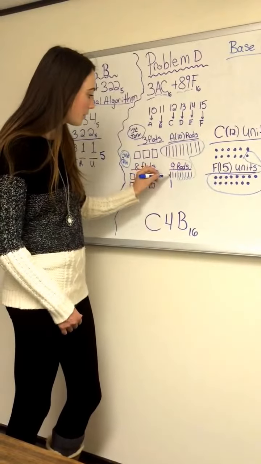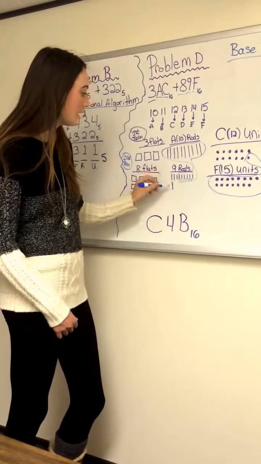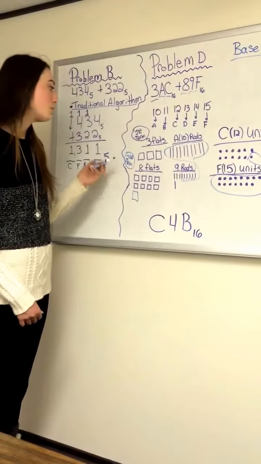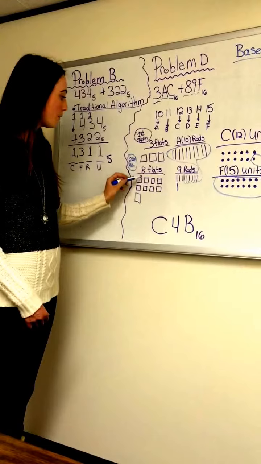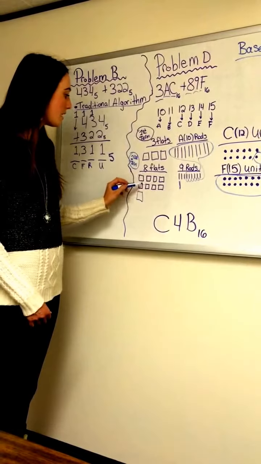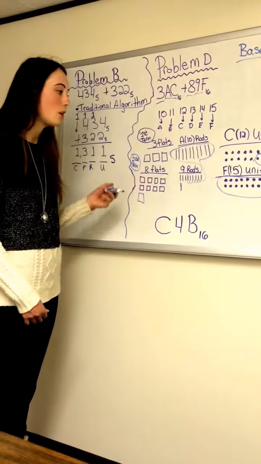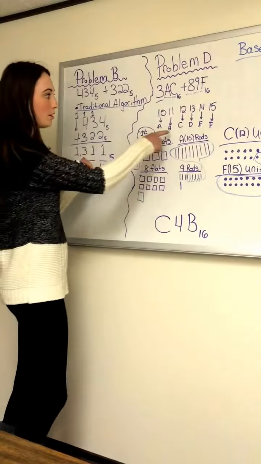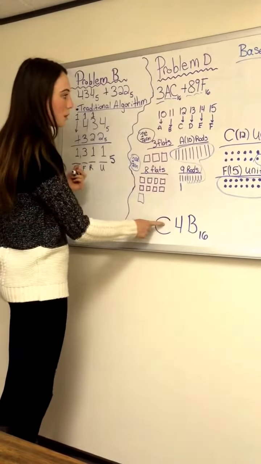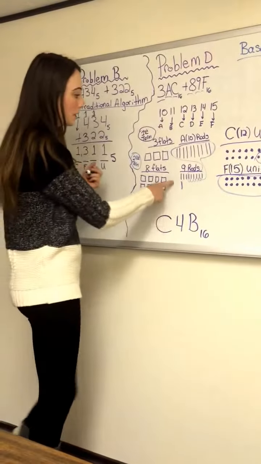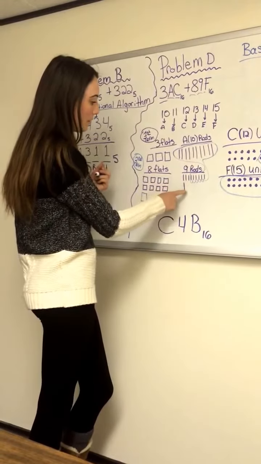Now we're left over here with 4, 1, 2, 3, and 4. And since we don't have 16 flats here, we have 1, 2, 3, 4, 5, 6, 7, 8, 9, 10, 11, 12. Well, what is 12? 12 up here is C. So we'll just put a C to represent 12. Over here we have 1, 2, 3, 4.